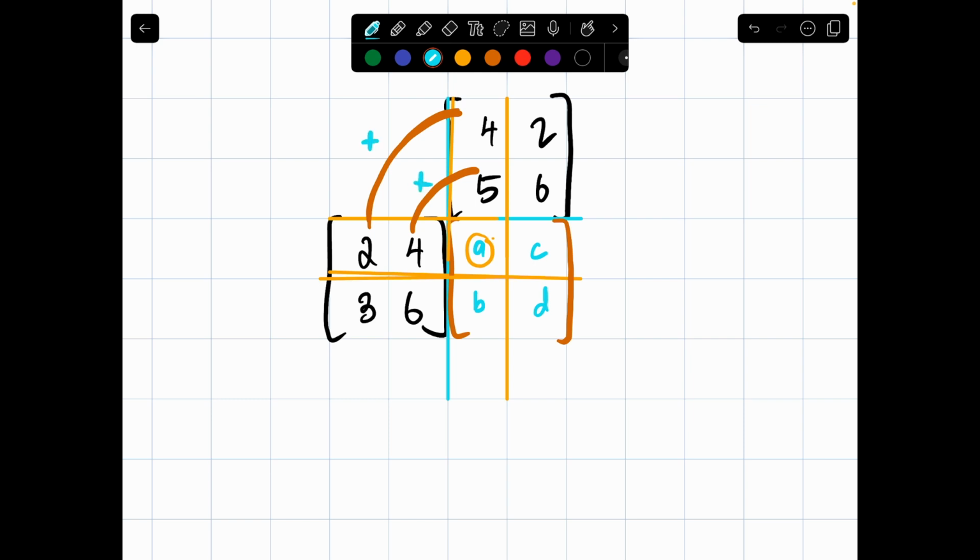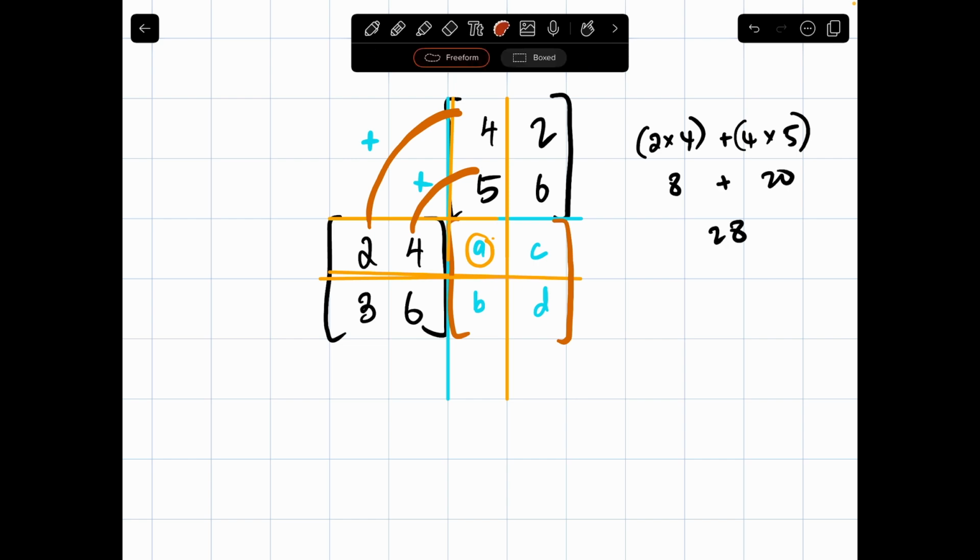So 2 times 4, and then we have 4 times 5. What you do is, you add them up together. 4 times 2 is 8, then 4 times 5 is 20. Then you add them together, you get 28. And that's the value for A, 28. As simple as that.